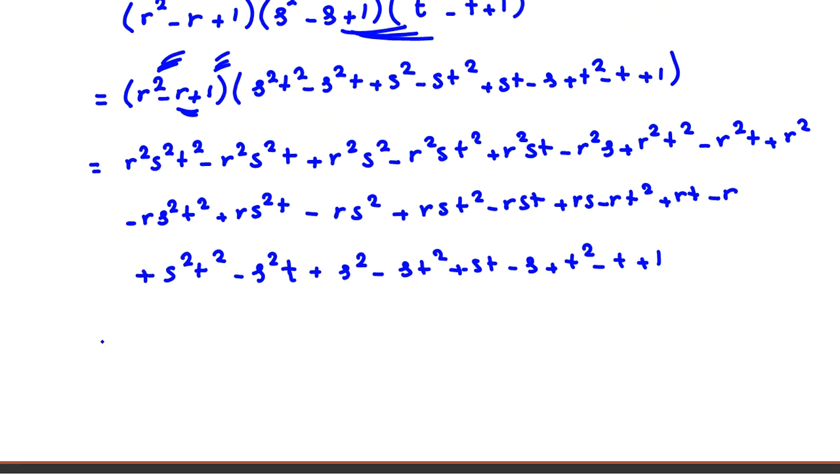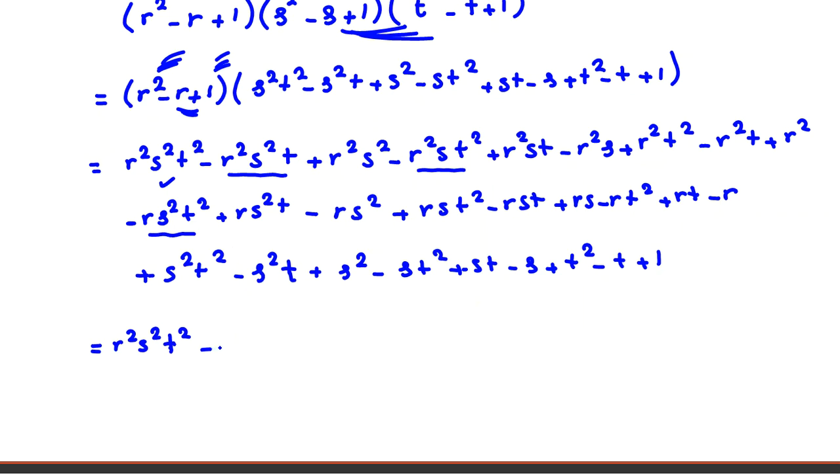Okay, now let's rearrange it. r squared s squared t squared, we've considered that. Then the next step: r squared s squared t, r squared st squared, and rs squared t squared.